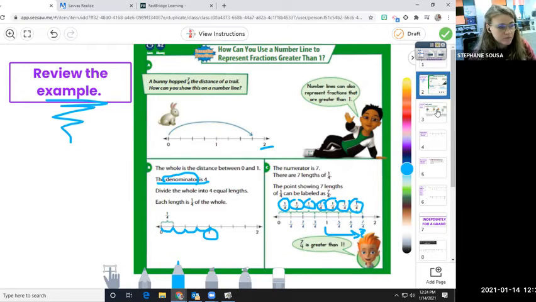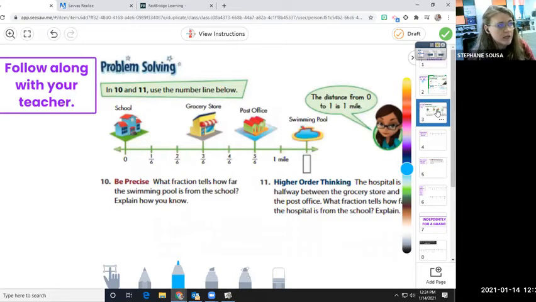Okay? Let's take a look at 3. This is where you are going to write. It says follow along with your teacher. So if I write, you need to write. In 10 and 11, use the number line below. Here's the number line. I'm noticing that there are locations on the number line.